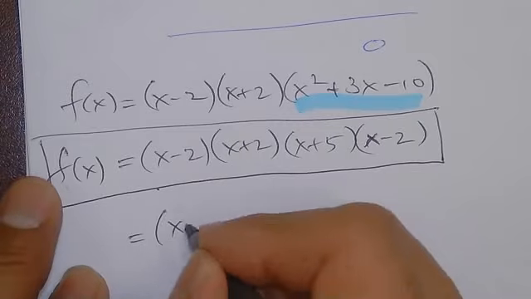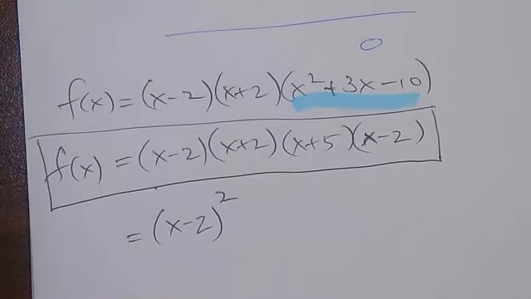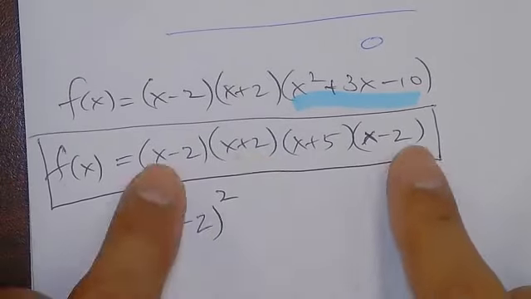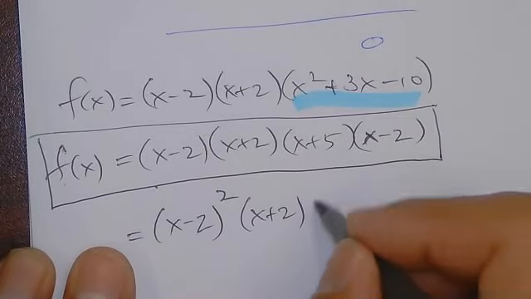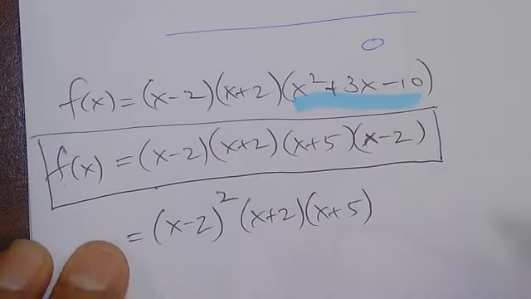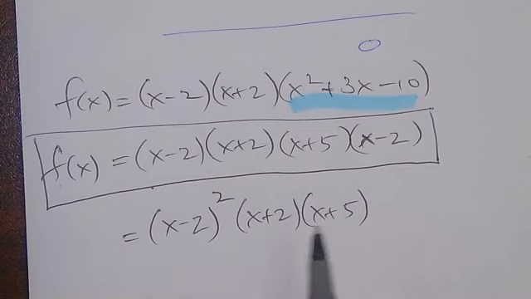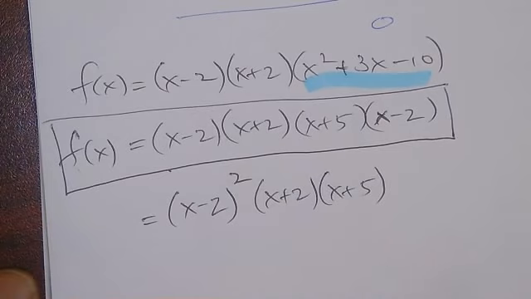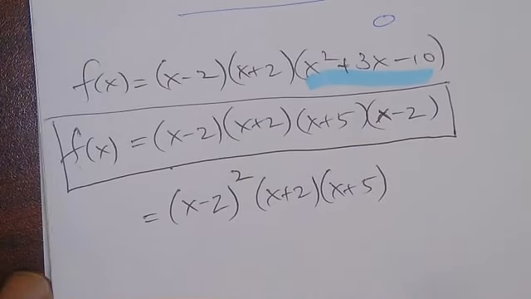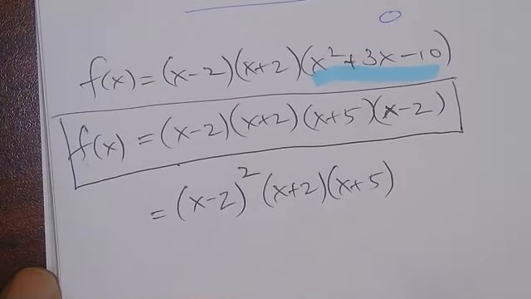They might put x minus 2 squared, and then the x plus 2, and the x plus 5. The order doesn't matter, right? Doesn't matter which order it is, because multiplication, you can write it whichever way, but it means the same thing.